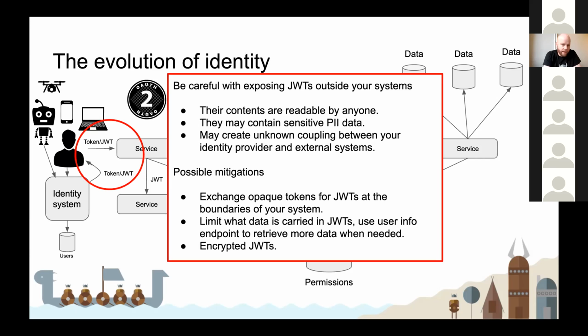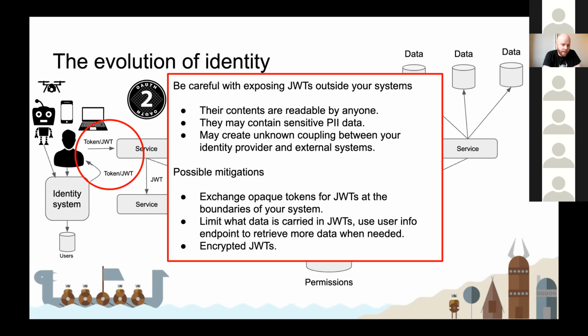And 2 years later, we might decide that the username attribute was misspelled, or we want to change this into something else. And then we unknowingly would break all these integrations relying on data we put in our JWTs. So be careful about exposing JWTs on the outside.